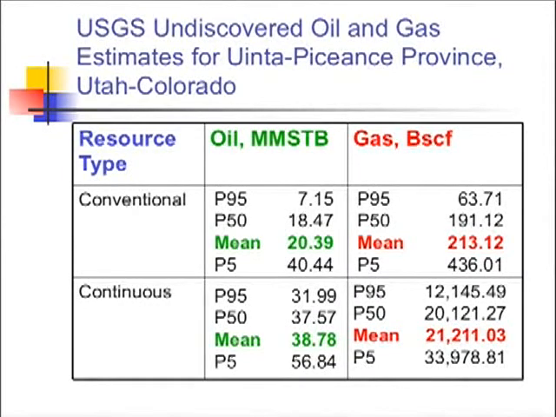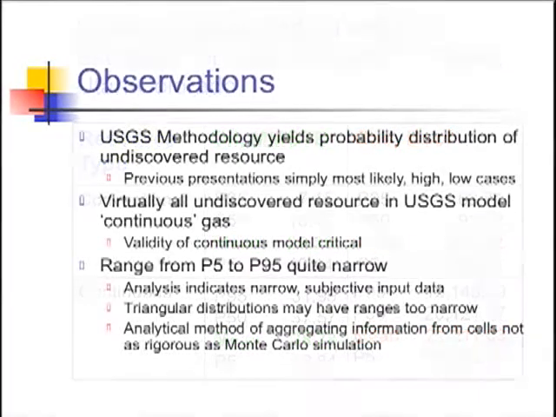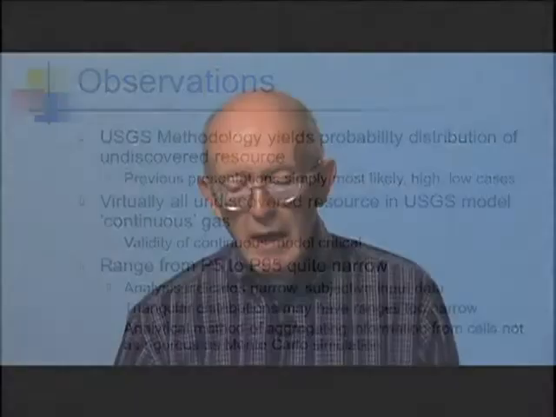For continuous oil, again, the mean value is just under 40 million barrels, not a large number, with a spread from 32 million barrels expected to be recovered with 95% probability up to 56 or 57 with 5% probability of occurrence. There's a complete probability distribution here, and we're just reading off some of the key numbers.